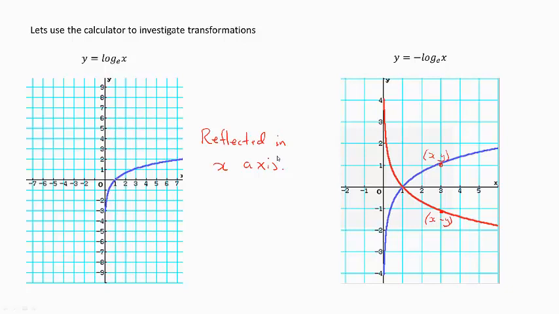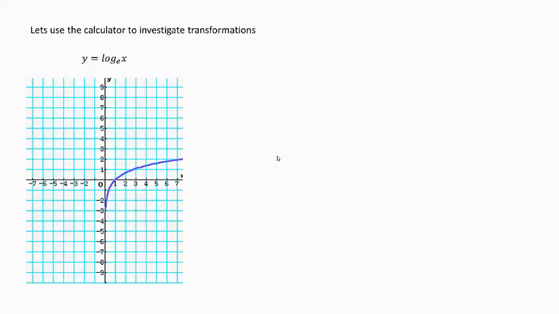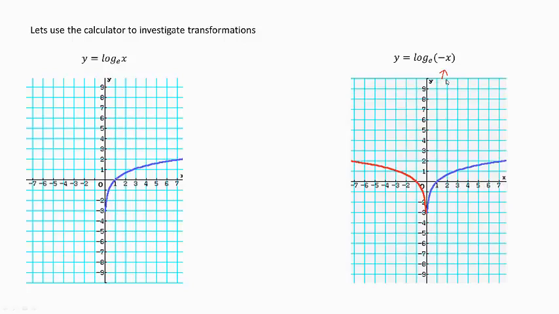Now, how would we compare that? Let's compare that to reflection in the y-axis. Well, you look at this graph. Notice that this time the negative sign is inside the bracket, so that's going to reflect in the y-axis.